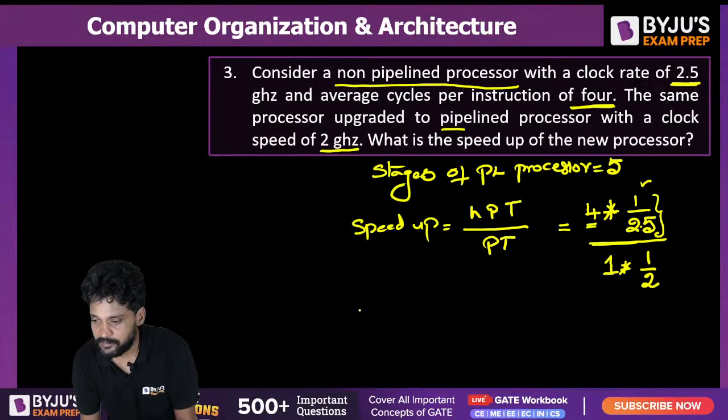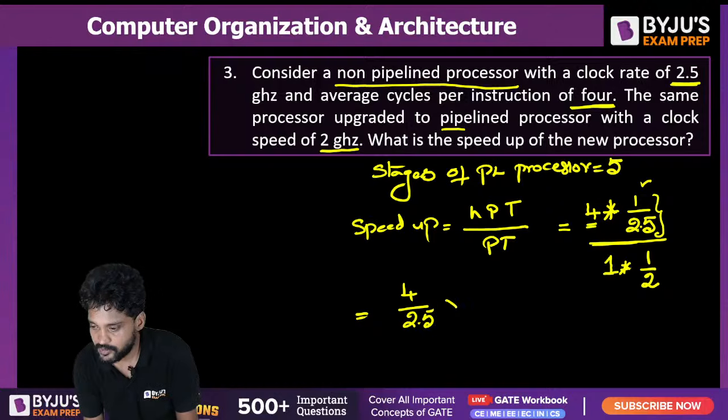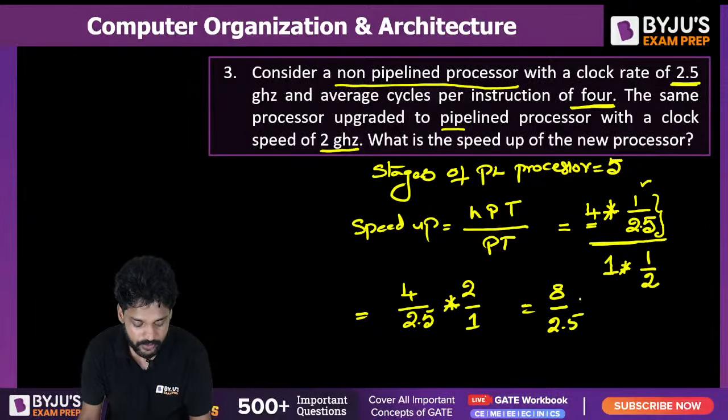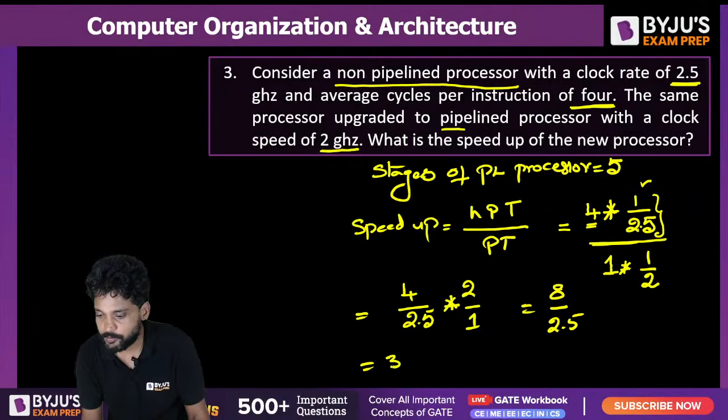That means 4 by 2.5 into 2 by 1. That means 8 divided by 2.5. Precisely, if you solve this, 8 divided by 2.5 is equal to 3.2, which is the correct option.